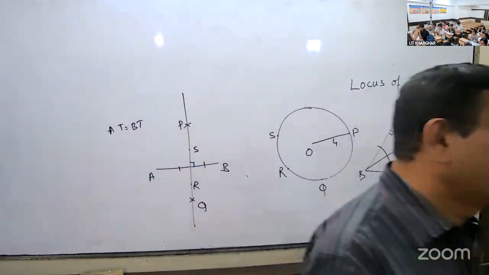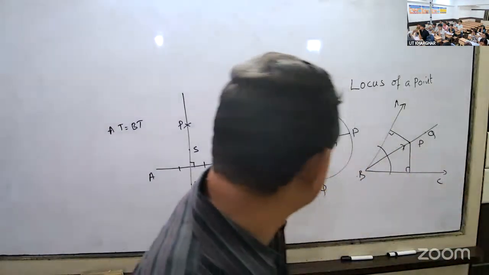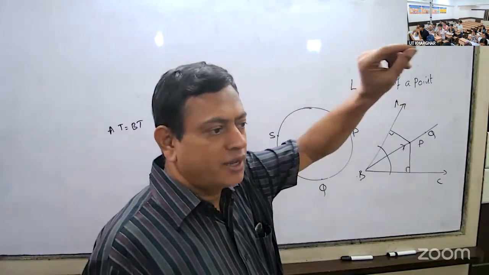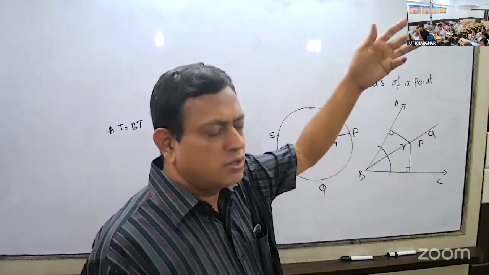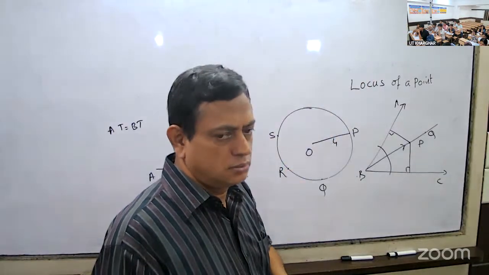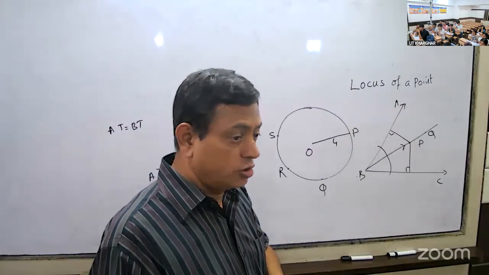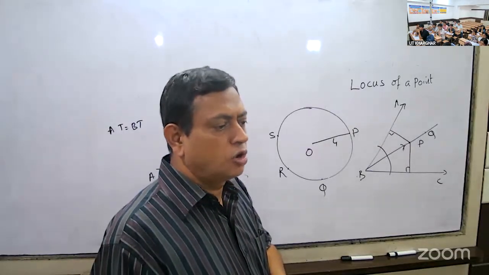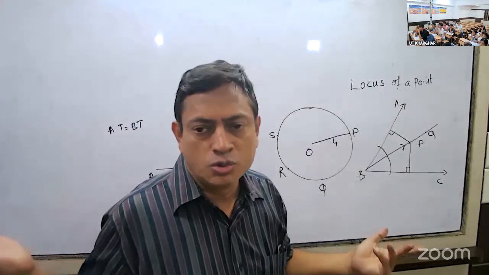You have to identify what to do. The first one is, the question will be: obtain the locus of points at a distance of 7 units from A. If I give you the question, listen, if you have followed you will tell. Obtain the locus of points at a distance of 7 units from A. What do you do?